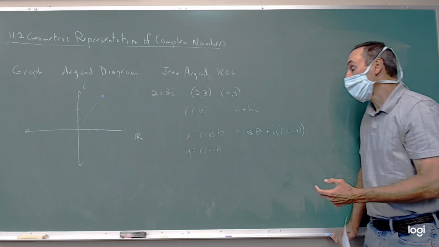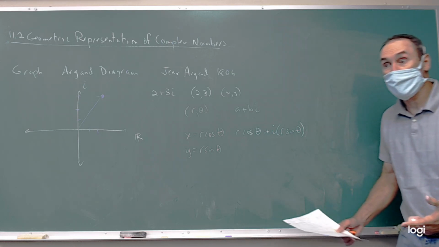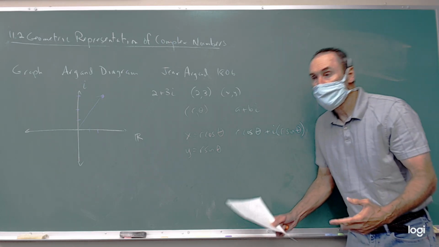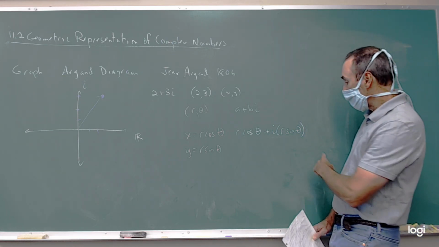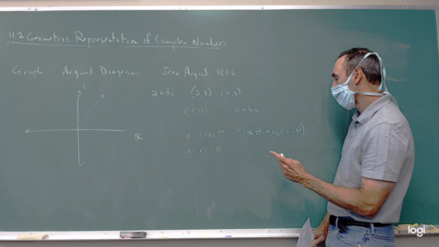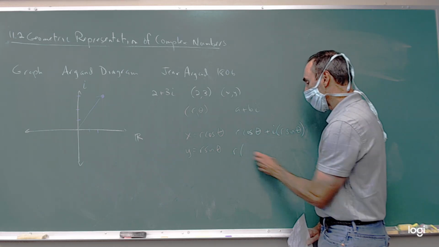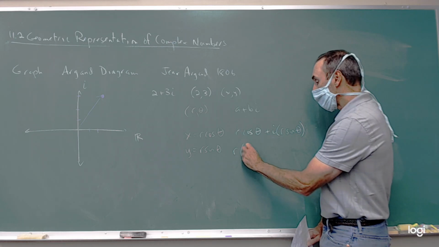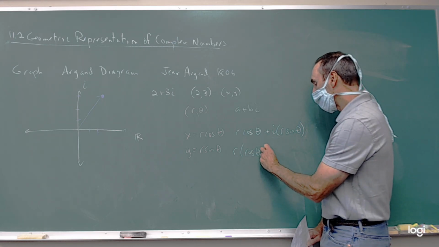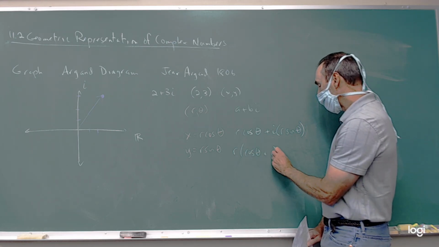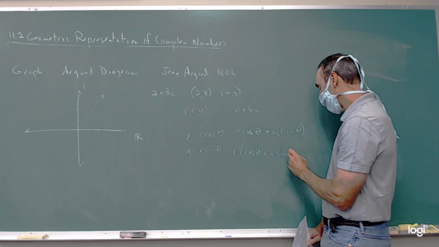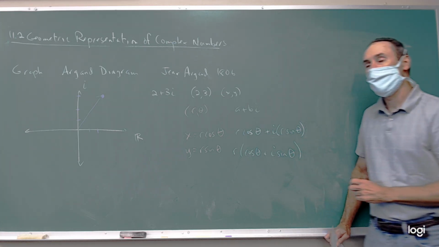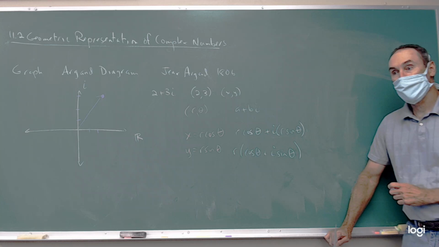Now mathematicians, being efficient, lazy, say, I get tired of writing this out all the time. So they factor out the r and call that cosine theta. And the i is usually written in front, so you don't think, is that the sine of i? No, it's i times the sine of theta.